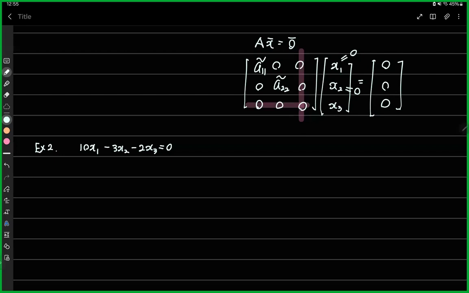We need to figure out the free variables. I'm sure that x2 and x3 are free variables, because x1 can be expressed in terms of x2 and x3. You can express this as a matrix system, a homogeneous system. Then what does A look like?